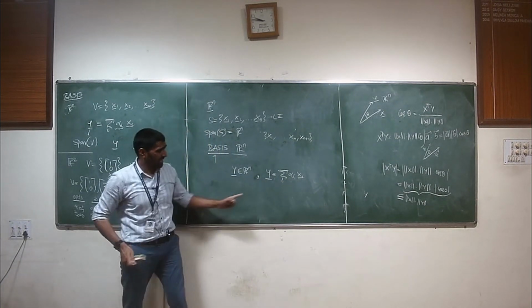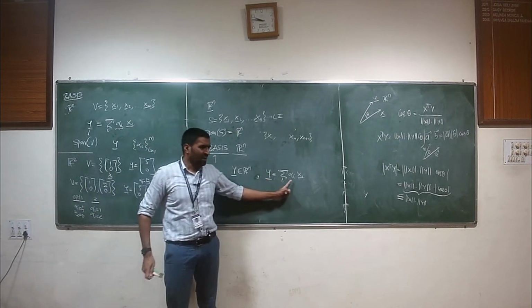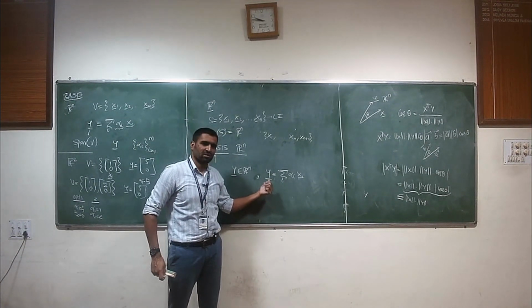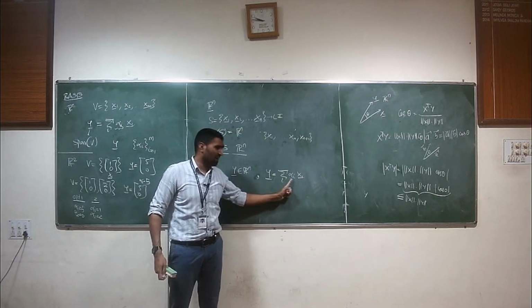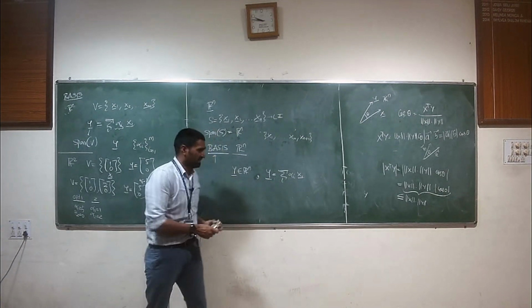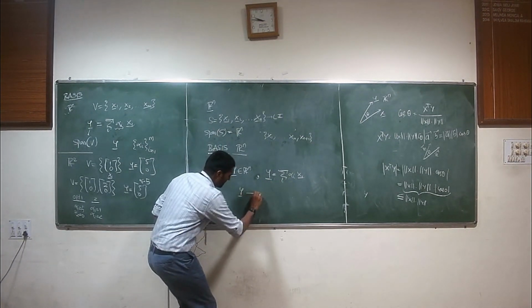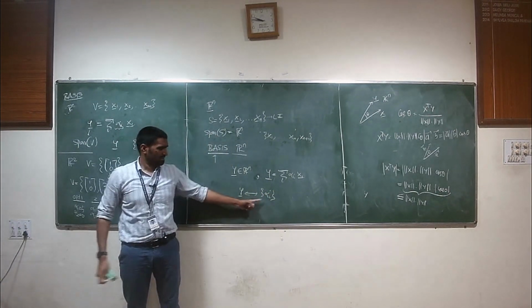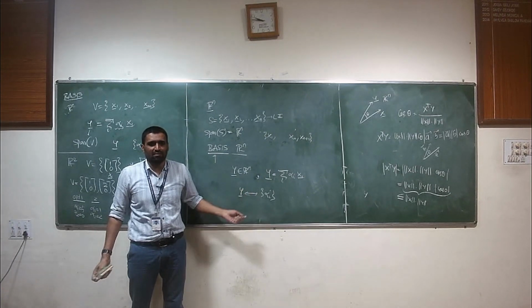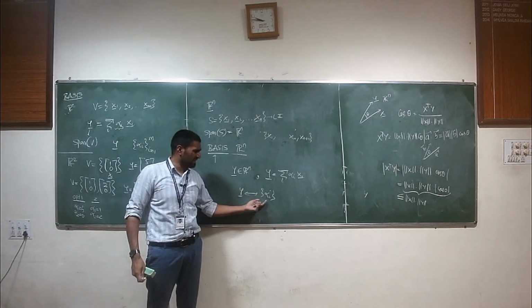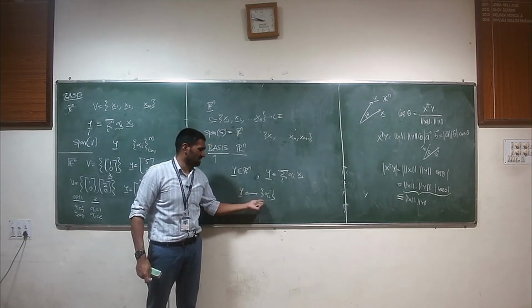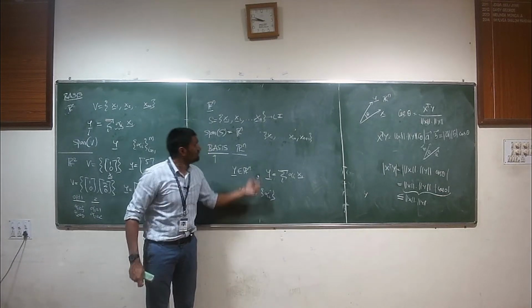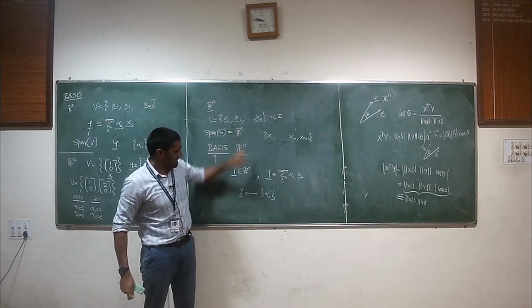That means the alpha i's are actually another way of saying the same thing as y. Alpha i's are another representation for y. So y and the set of alpha i's essentially tell you the same thing, except alpha i's are numbers that you use with the basis S to get y.